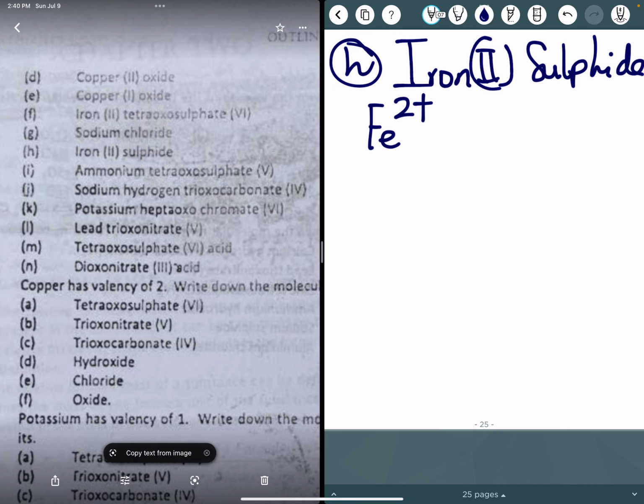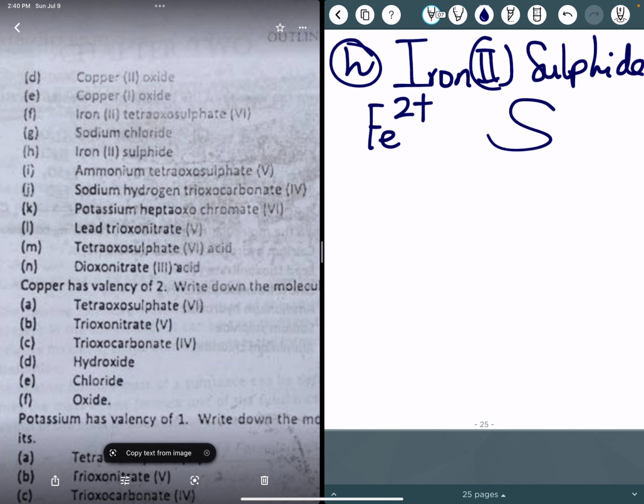Iron is a multivalent element. It can be charged 2+, it can be charged 3+, so it can exhibit multiple valencies. So that's why when it's present in a compound, its valency is always stated. Because it's a transition element, we'll get to all that later.